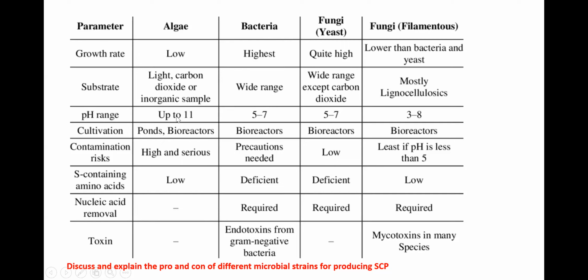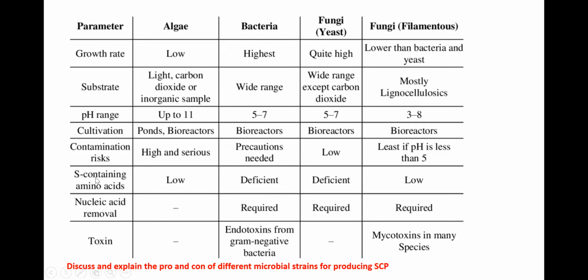Then for algae, it can be grown using a pond system, but for the rest, the best is using a bioreactor under sterile conditions. In terms of contamination risk, algae, because of the pond system, is an open system, so it will be subjected to higher risk of contamination.